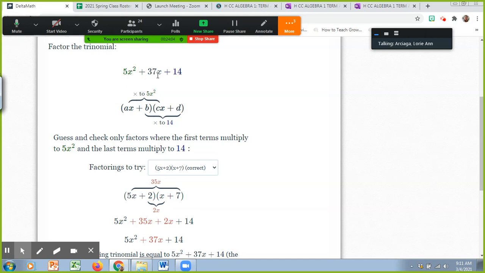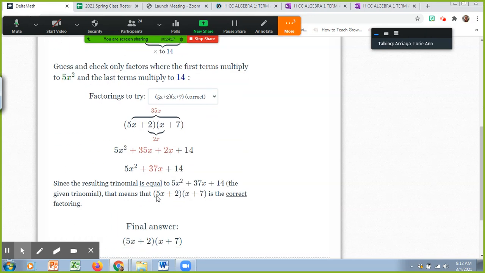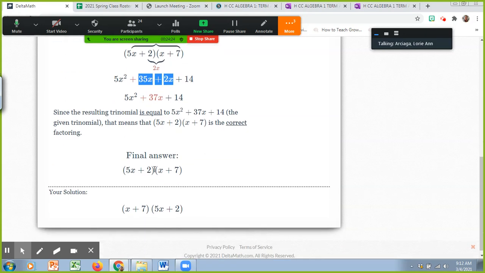So pretty much those that you have to place correctly are the first terms and the constants, right? Because if you place them correctly, then as you can see here, if you simplify them, it will add up to the middle term, or the linear term. Yeah, and as you can see, the final answer here has 5x plus 2 first, but it doesn't matter which one goes in front, okay? In Schoology, though, I want the factor with the bigger constant first.